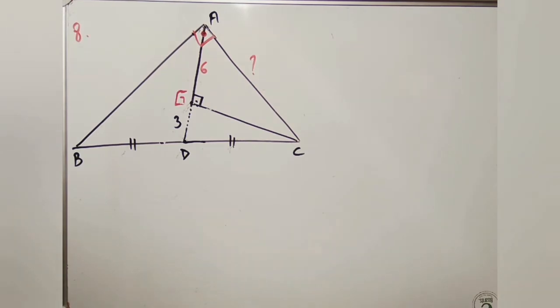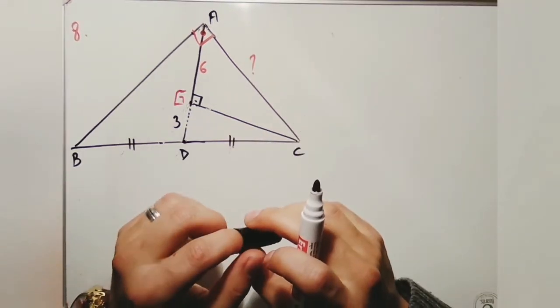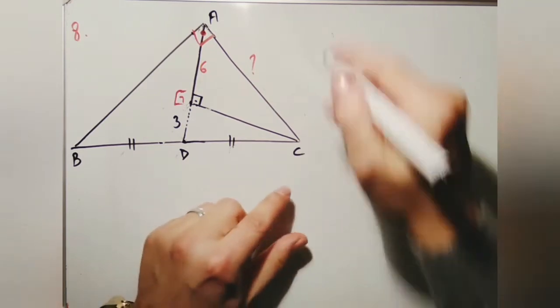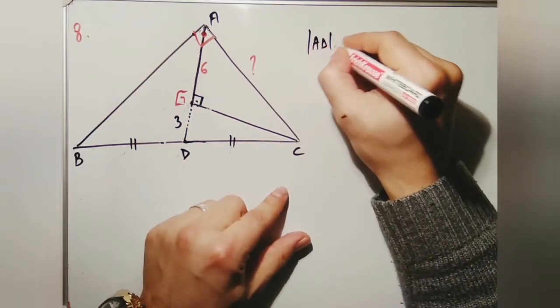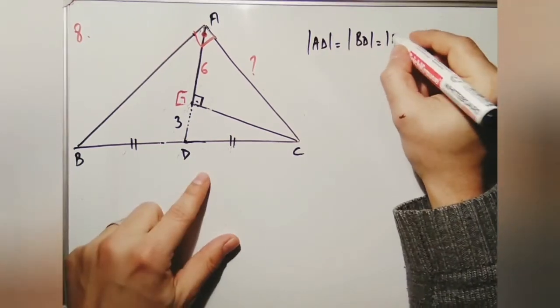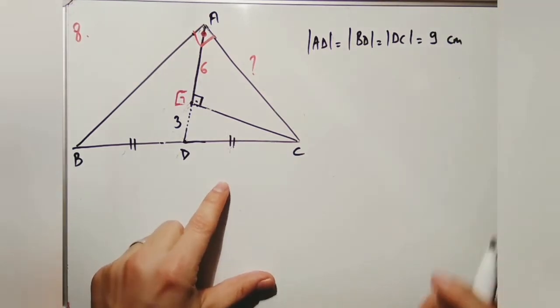And we also know that the length of the median to the hypotenuse of a right triangle is equal to half the length of the hypotenuse. So we conclude that AD is equal to BD is equal to DC, as 6 plus 3 is 9 centimeters.